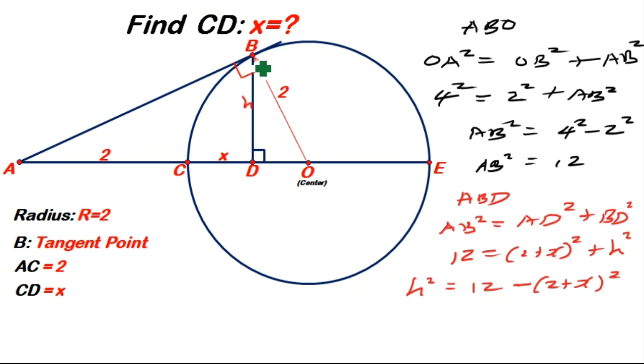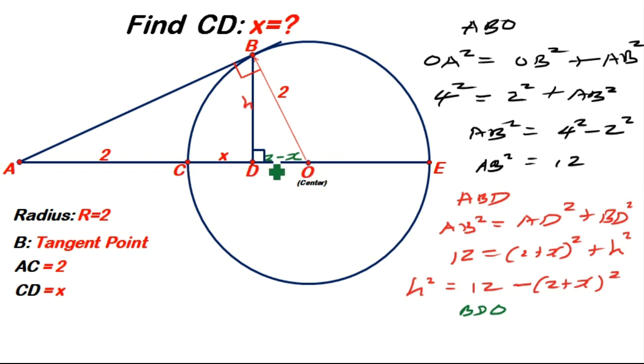Again, if we take triangle BDO, that is also a right angled triangle. You use Pythagoras theorem, the hypotenuse is now BO and BD is this. So what is the length from D to O? The length from D to O is going to be 2 minus x, because you are told the radius is 2, meaning from O to C is 2, but from C to D is x.